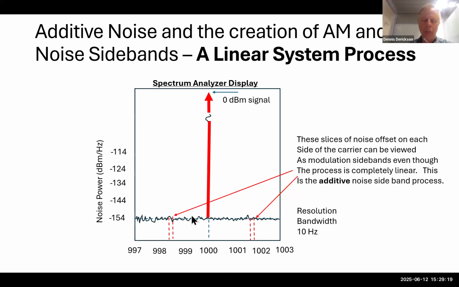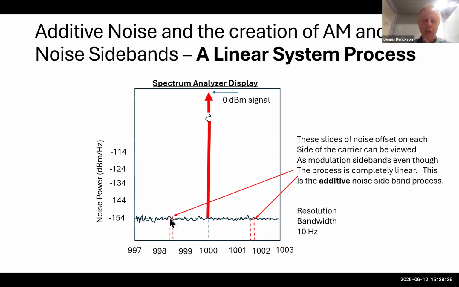But what we're going to do is we're going to do some pretending here. So all this noise is controlled by the amplifier, and we're going to take this noise right here at a positive offset frequency and this noise at a lower offset frequency, where they're the same offset frequency.